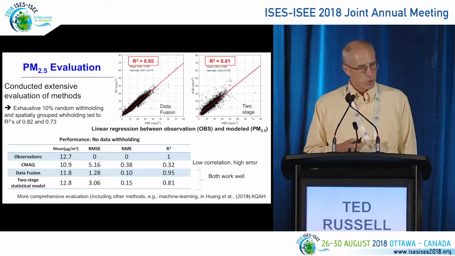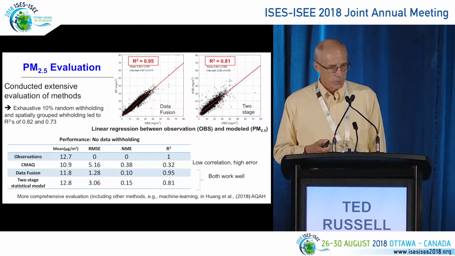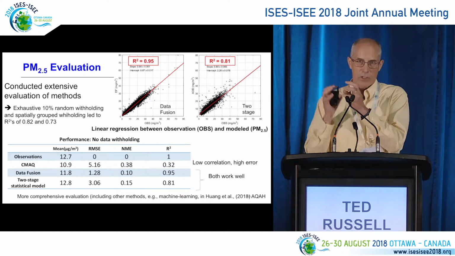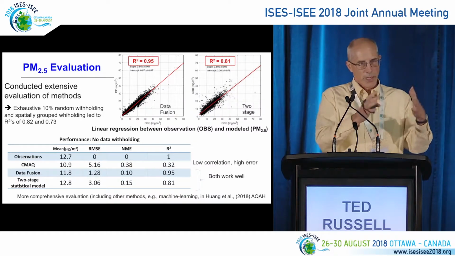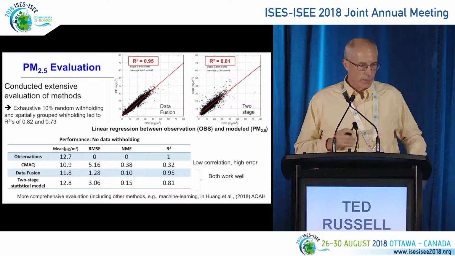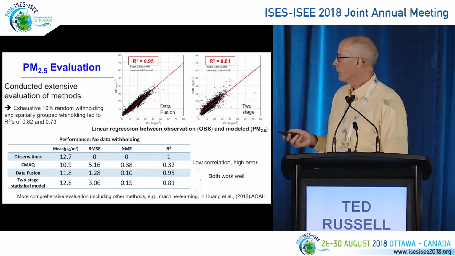And this is for PM2.5, you get R-squares of 0.82 and 0.73. And in a place like North Carolina, you definitely have these different groups. We had a set of urban groups, a coastal group, and a mountain group. And that really is what drives it down, but I think it's the appropriate way to do it.